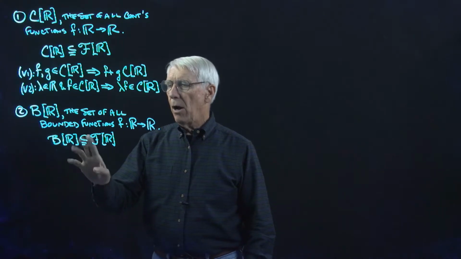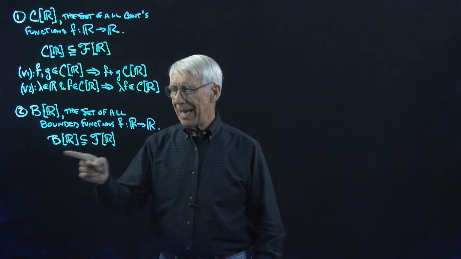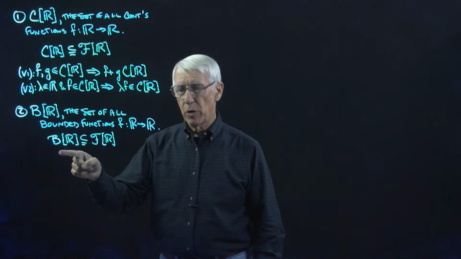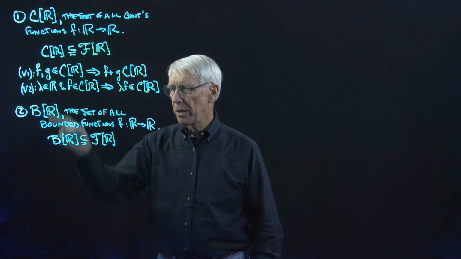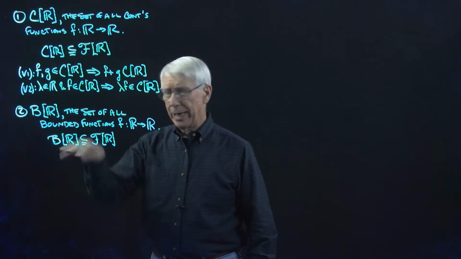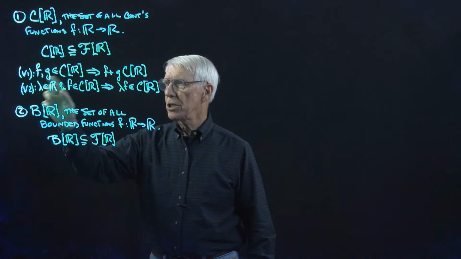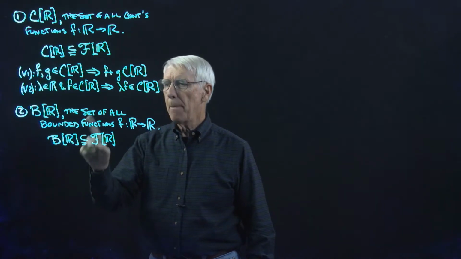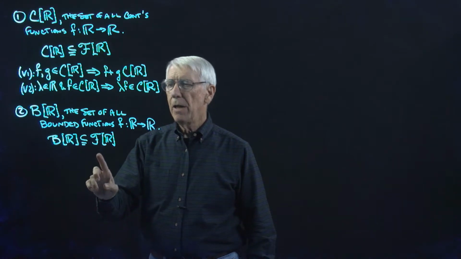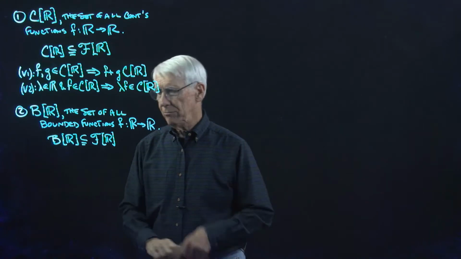And again, all we have to do to verify that this is a subspace, a vector space in its own right, is to establish V1 and V2. And for that, we have to establish, and I'm not going to write this all down now, that for any two bounded functions in B of R, the sum function is a bounded function. I'll write it down.